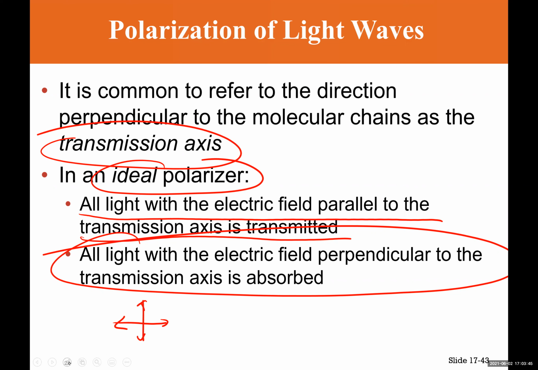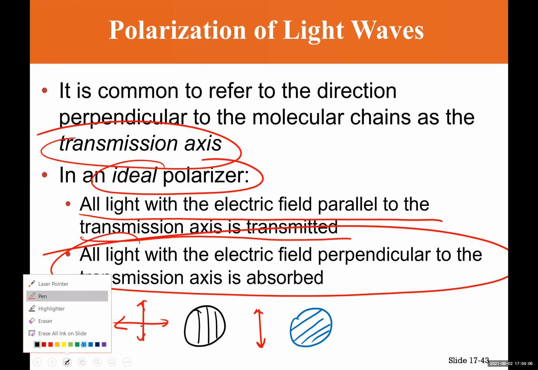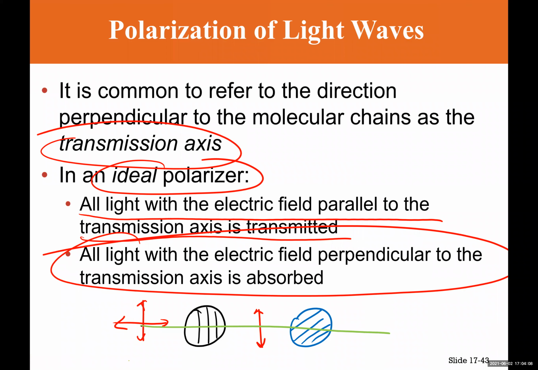The first polarizer makes the light linearly polarized, and then the second one can block it. But what if I don't want to completely block it? Then I can make this axis not perpendicular. Let me draw this axis like that.